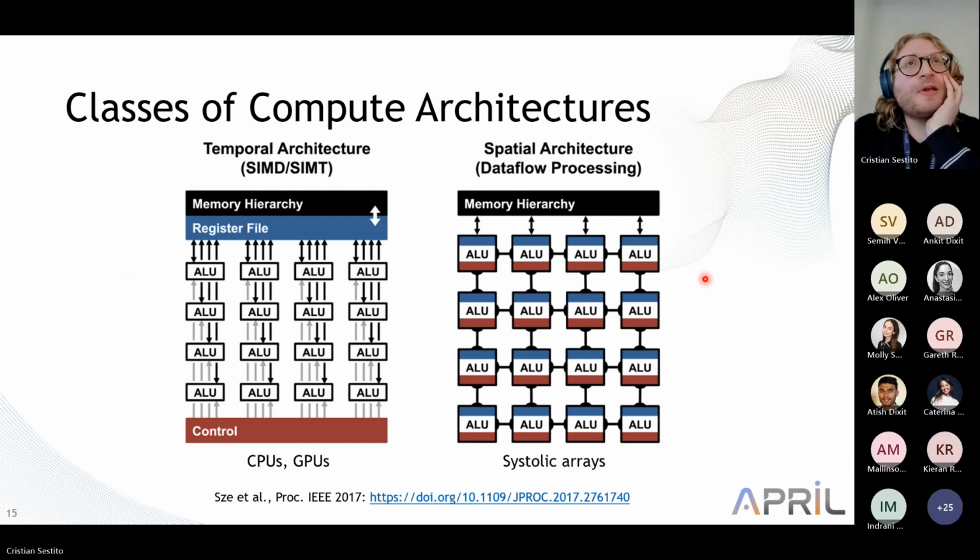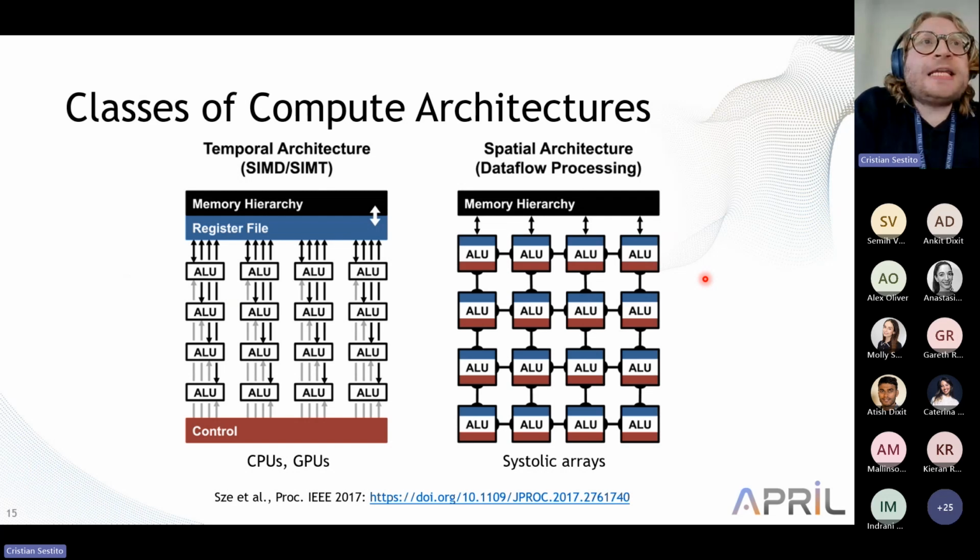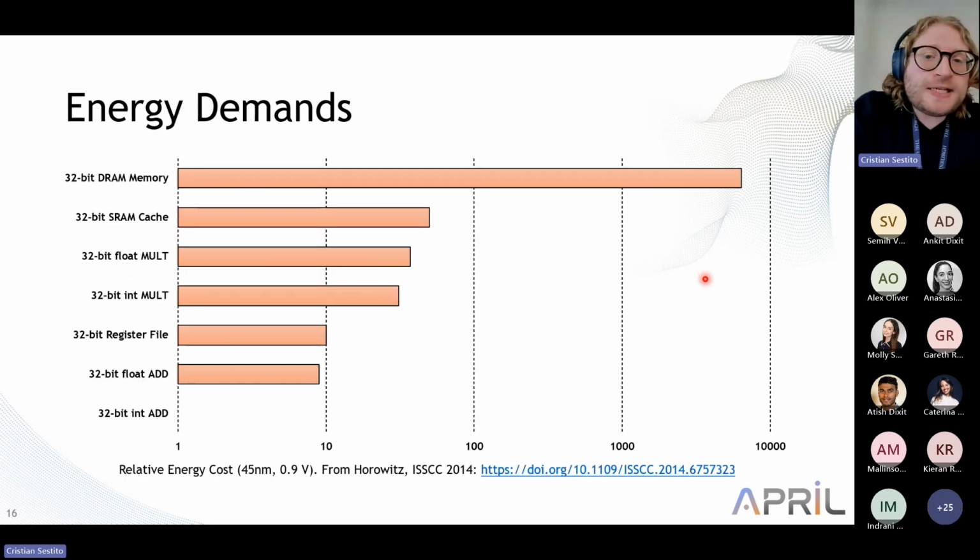Now, why do we need to stress the point of keeping data close to the computation? This comes from the energy demands of the different resources in a hardware architecture responsible for performing convolutional neural networks, and more in general, AI algorithms.